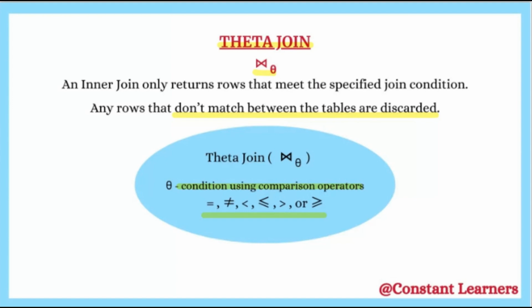Now, since the join relies on a specified condition, it's called a conditional join. We first perform Cartesian product and then select rows that satisfy the given condition. And the output has all the attributes, that is, all the columns that are present in both the tables. Let's look at an example for theta join.